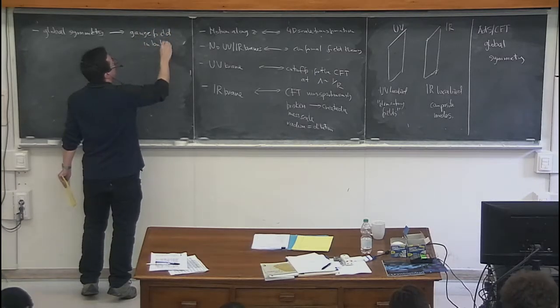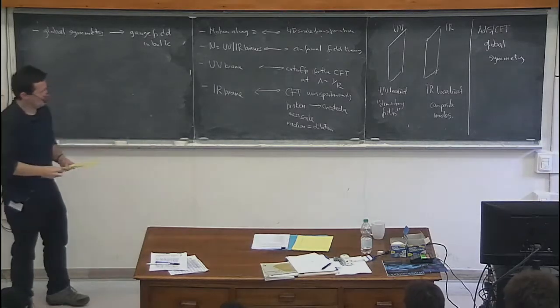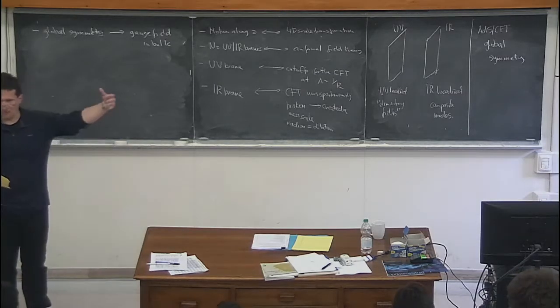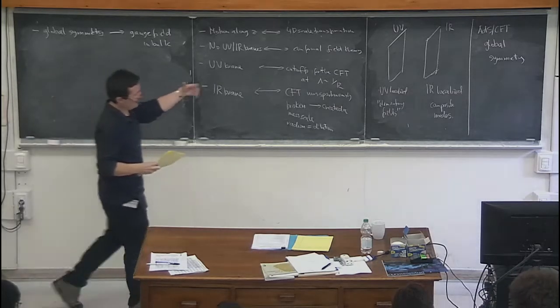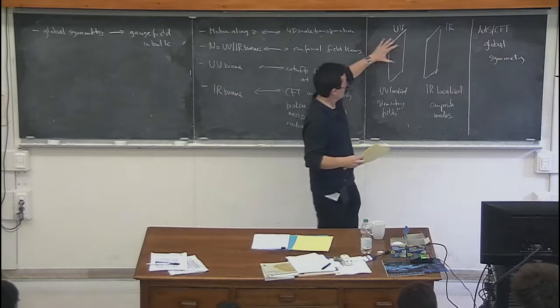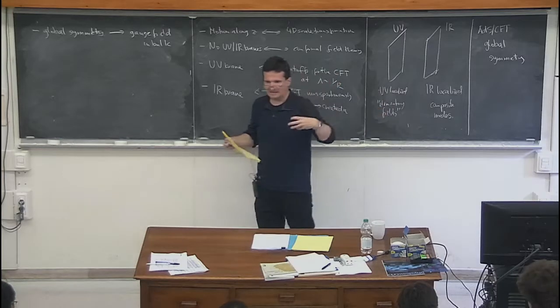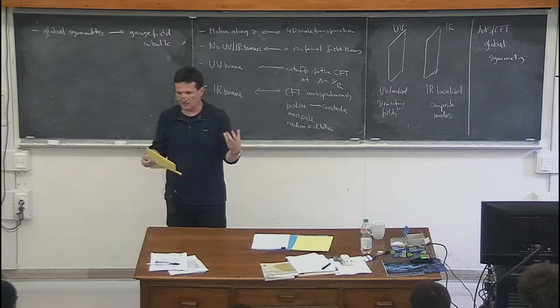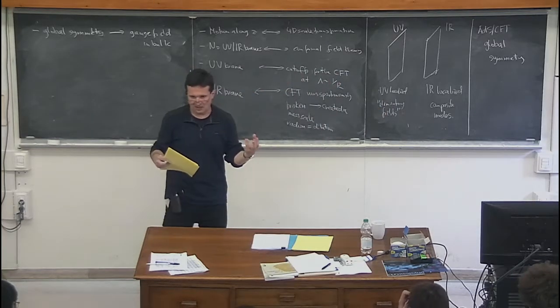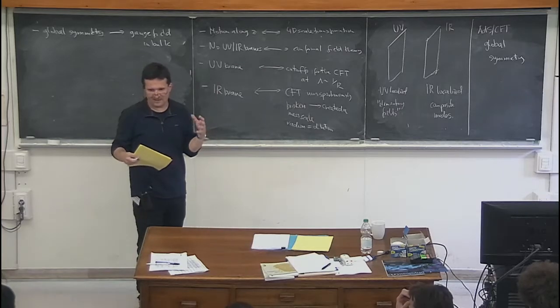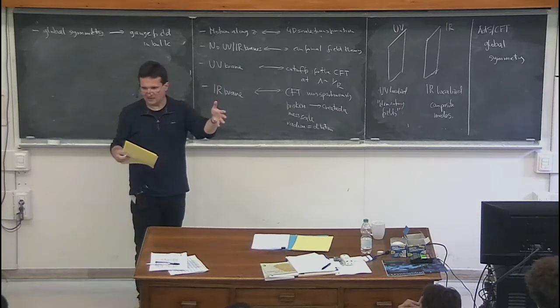And that was pretty clear in his case because he was explaining how to turn on couplings for the CFT, which was living on the boundary of the AdS. If you wanted to couple something to a globally conserved current, then you needed to introduce a gauge field in the bulk.